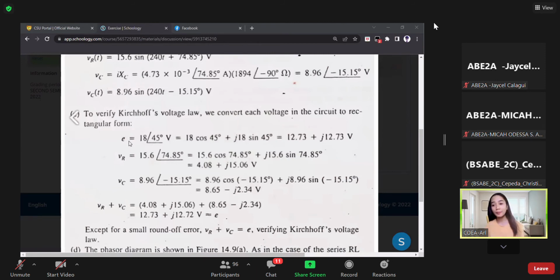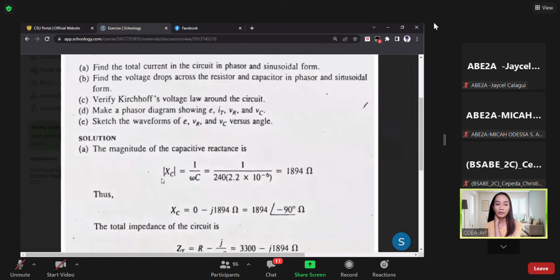Let's move on. Okay, so for number 2, the question is just to determine the voltage drop. So how can we solve for the voltage drop? Like the previous examples in Ohm's law, the indicated or the specific voltage with the specific component. Here, the question is to verify Kirchhoff's.